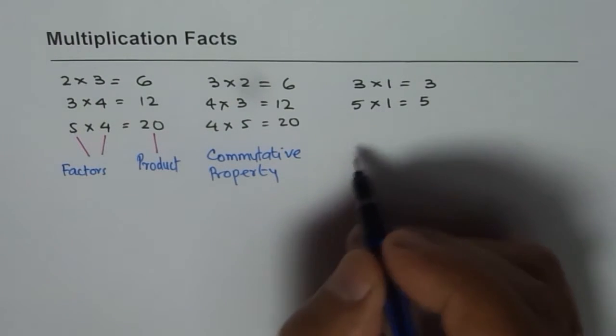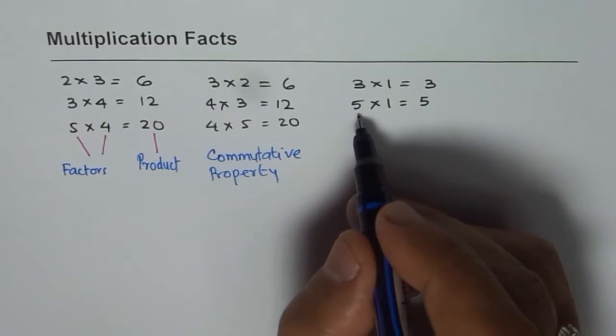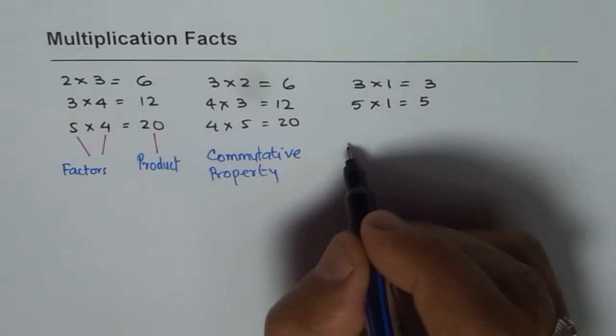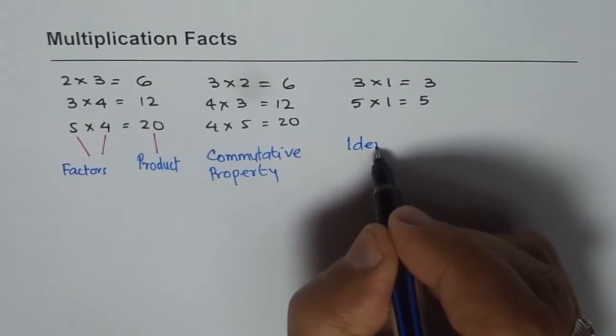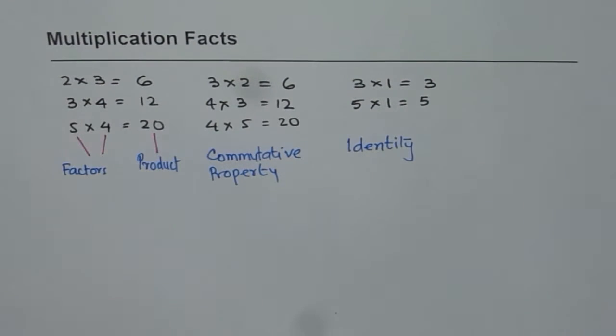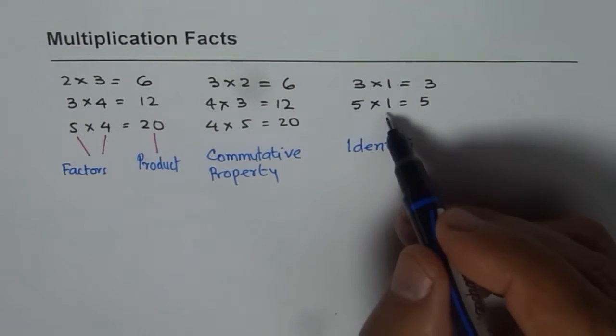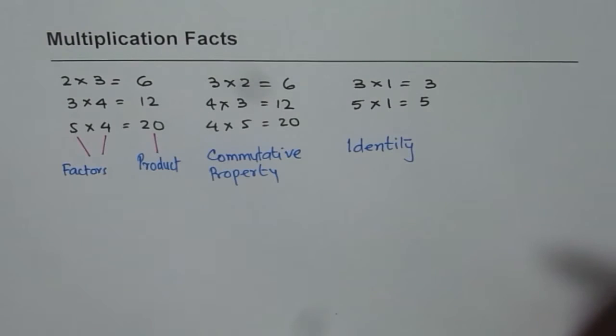So 1 multiplying by 1 is giving you the same number. That is an identity, right? It is called the multiplicative identity. Whenever you multiply by 1, you get the same number.